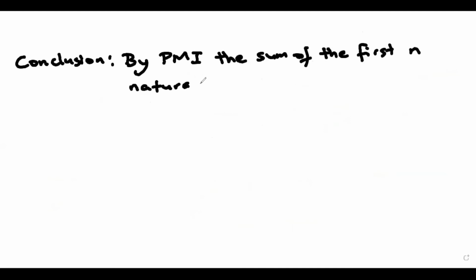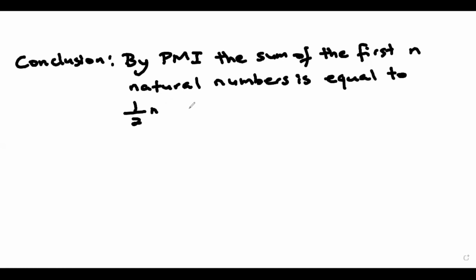So by PMI, the sum of the first n natural numbers is equal to half n plus 1. And that would be a final answer.